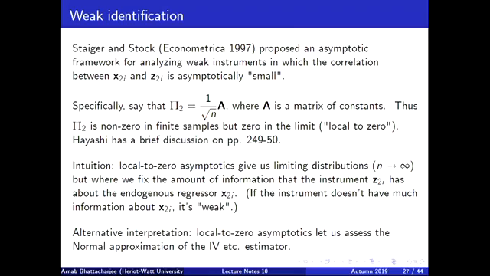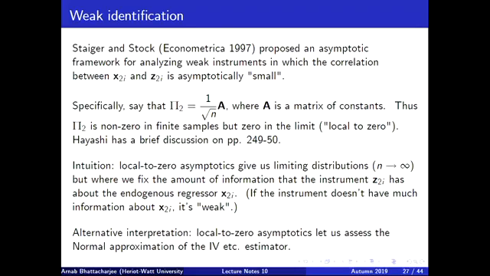Anyway, Staiger and Stock, Econometrica 1997, proposed an asymptotic framework to deal with weak instruments, and that is going to be important for both this and weak-instrument-robust inference that we are going to consider a bit later. So what is this asymptotic setting? The asymptotic setting is that pi2 becomes smaller as n increases.